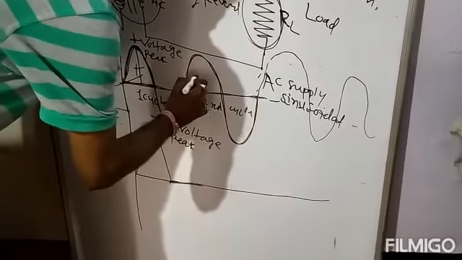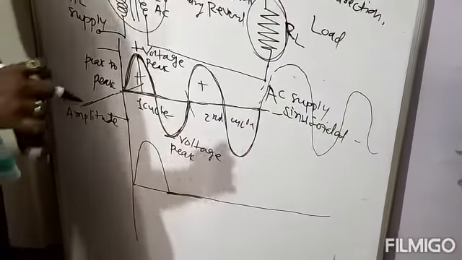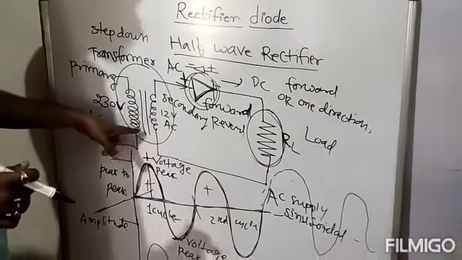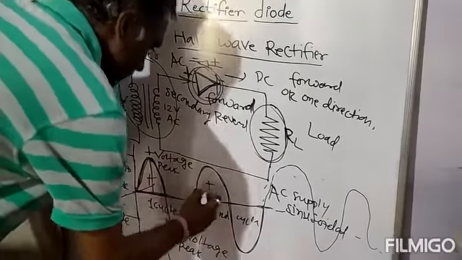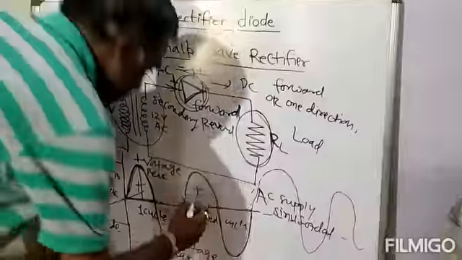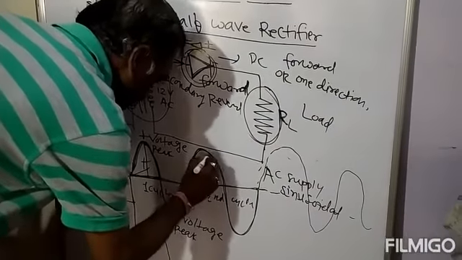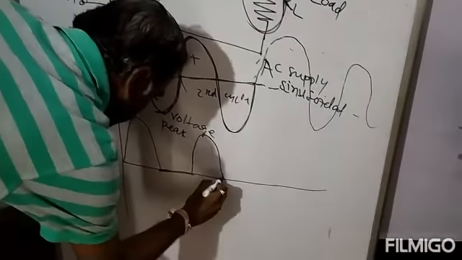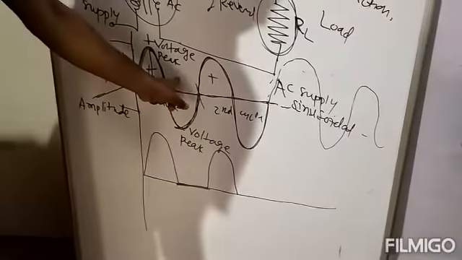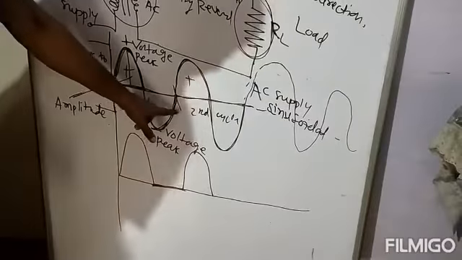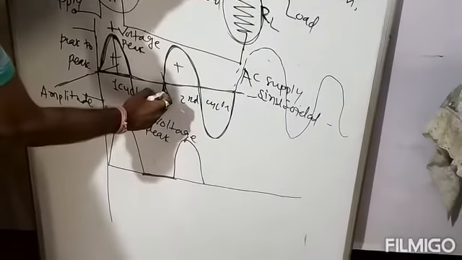Again for the next positive half cycle, the polarity of the transformer changes, and the diode comes to the forward direction, and hence the conduction of electrons takes place, and from here we are getting the output. Now see the difference between this waveform and this waveform.